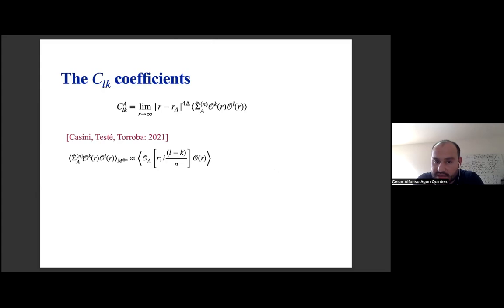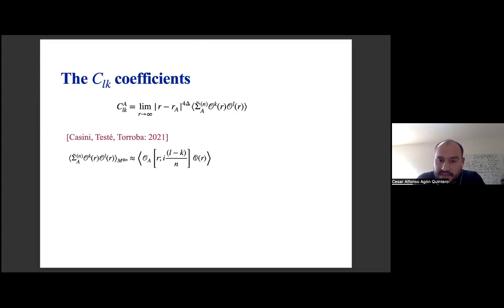correlator, an approximate expression for this correlator, is just given by the 2-point function of the operator, where one of them has been modularly evolved by a certain parameter, a complex or imaginary parameter. So this already gives us a very explicit formula for these coefficients for the operator.